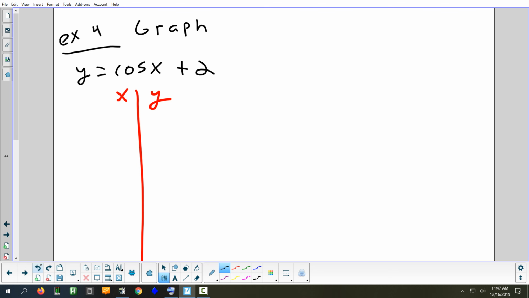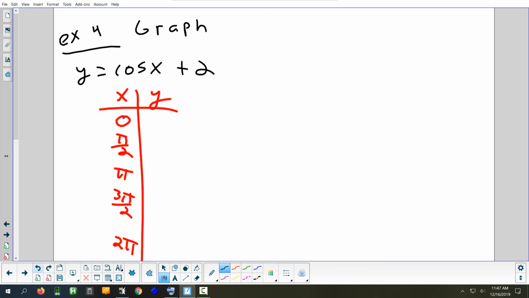So, what column stays the same? X's. What are my X values? Zero. Pi over 2. Pi. 3 pi over 2. And 2 pi. Now, let's put the original Y values off to the side and then see what's going to happen.